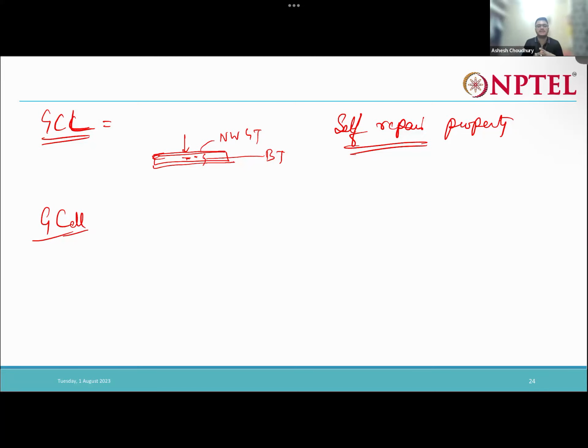Due to that, the soil gets strengthened. It does not allow the soil to settle or anything. So the main property of geocell is that it's a confinement product.